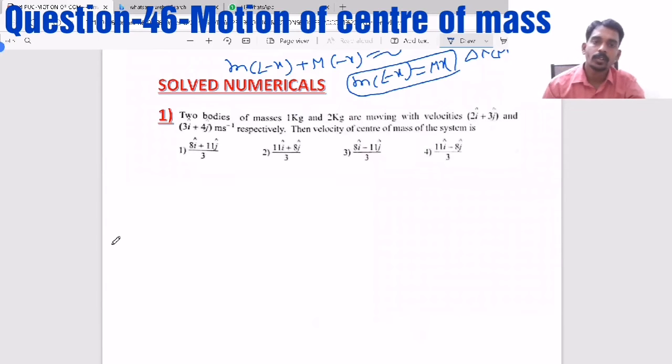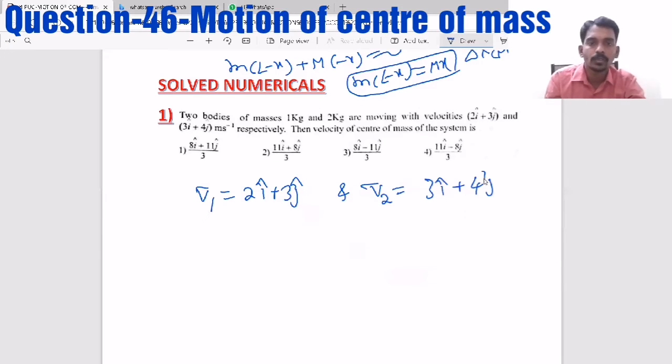Now, let's see examples based on whatever we have discussed. The very first one: two bodies of masses 1 kg and 2 kg are moving with velocities V1 bar is 2 i cap plus 3 j cap and V2 bar equal to 3 i cap plus 4 j cap respectively.